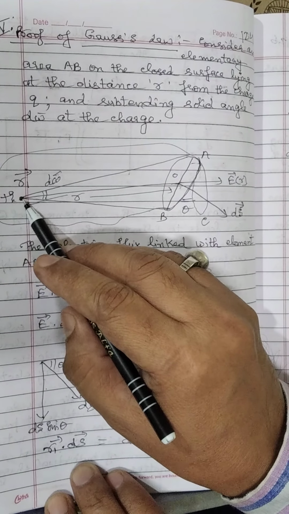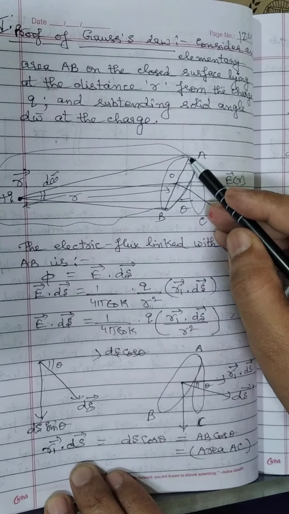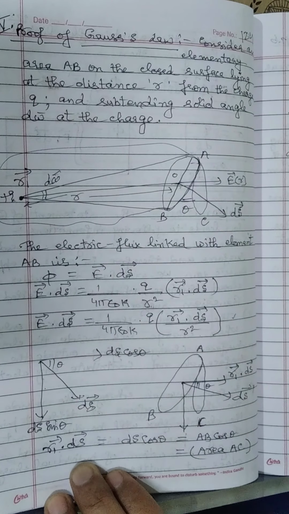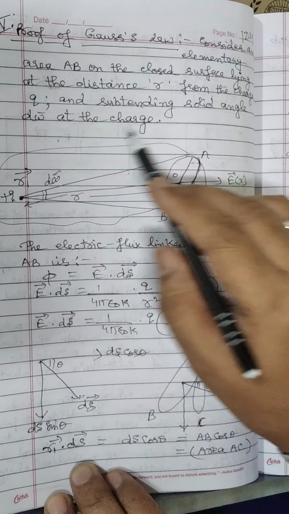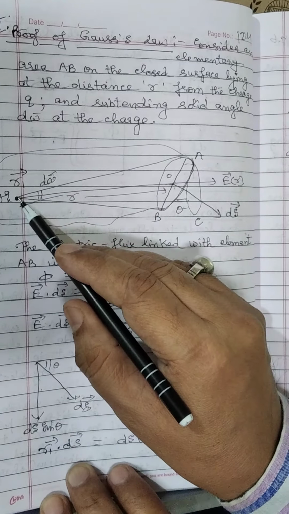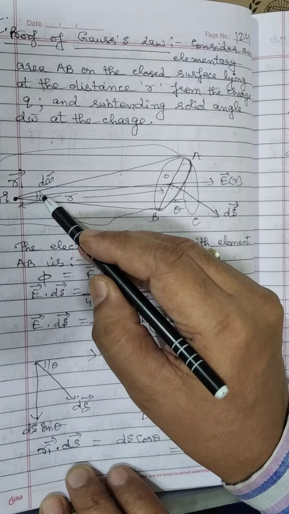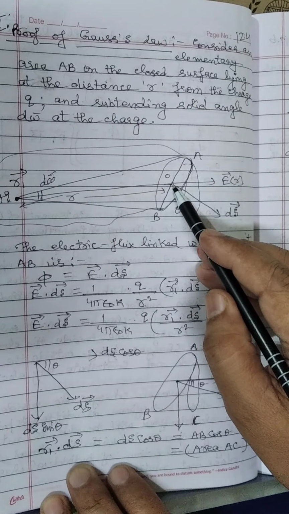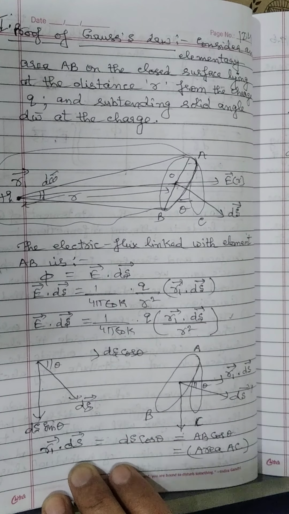The charge plus Q is here, and this elementary area is at distance r from it, subtending the solid angle d omega at the charge. I have already explained that this is the solid angle at distance r from Q to the center of the elementary surface considered.